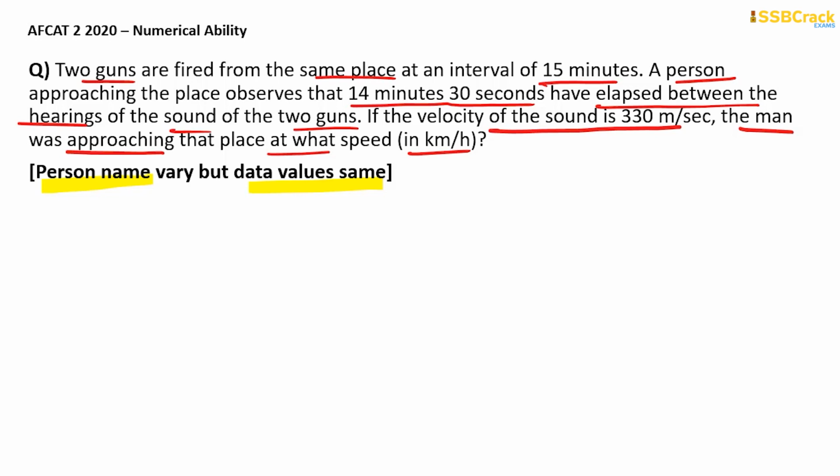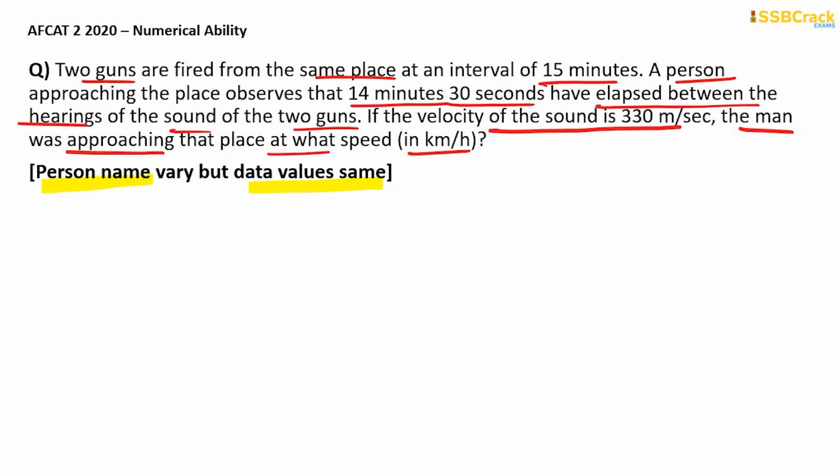For this question, we shall first calculate the difference of time, and based upon that, we carry forward to know the distance, and then we move ahead to calculate the speed of the man.